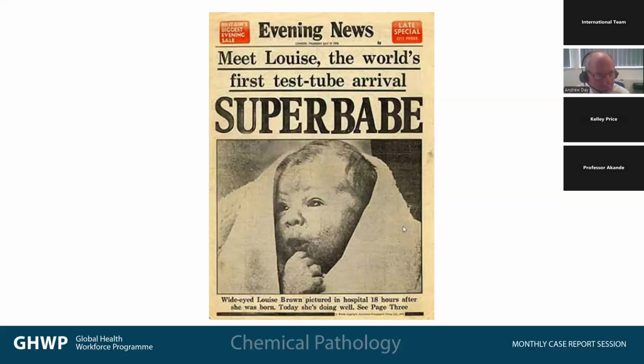But over the last 30 odd years, many millions of couples have now been helped by this and other techniques, and by the investigations that we facilitated of their infertility.